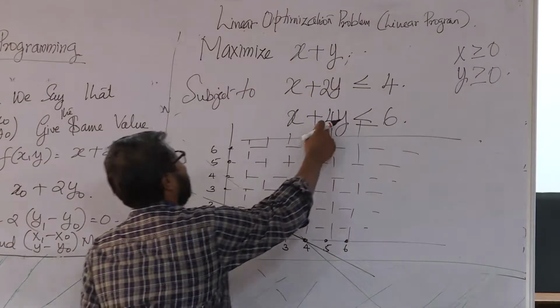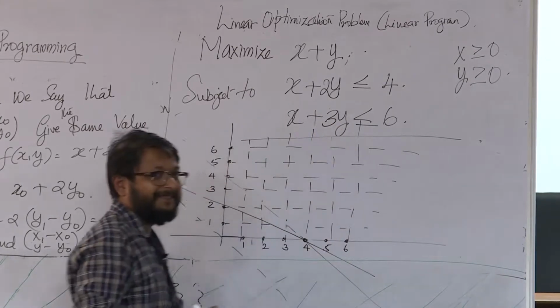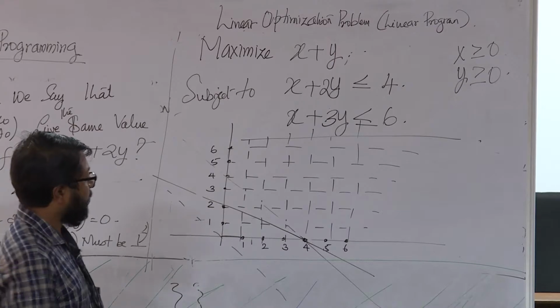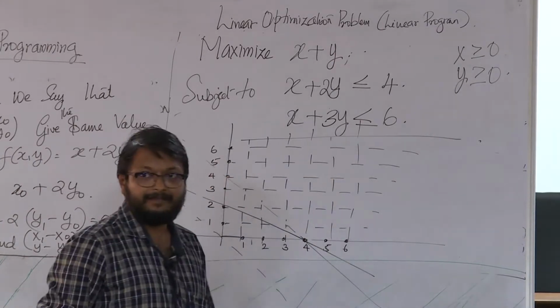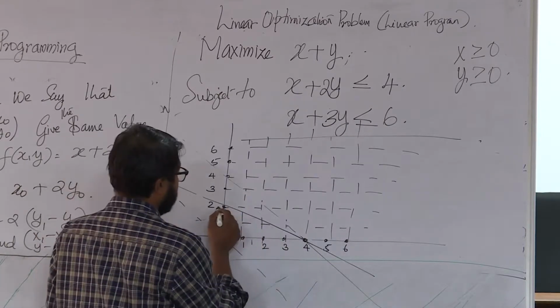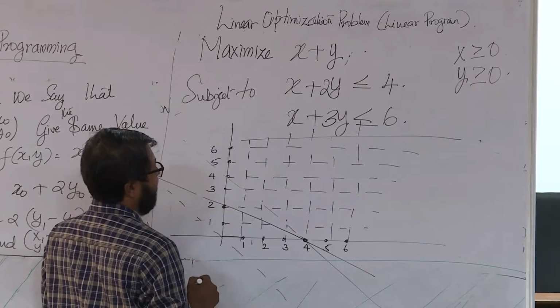I'll change this: x plus, let's put 3y less than or equal to 6. Then that one point goes away, right? 0, 2. I'm still not happy. That's getting too far.